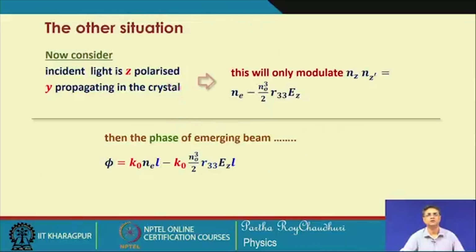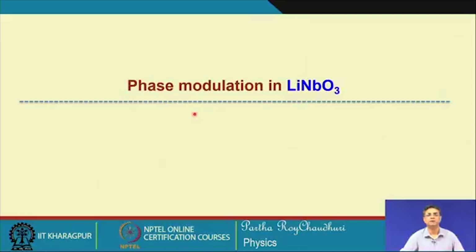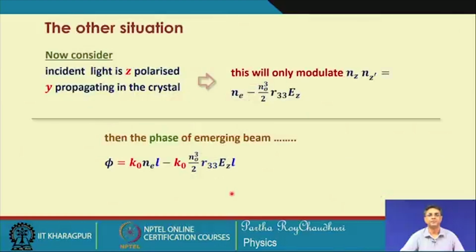So, we have seen that for amplitude modulation the half-wave voltage is 64, but for phase modulation it is even less, approximately 48 volts.